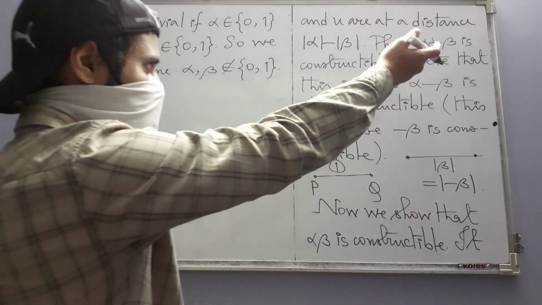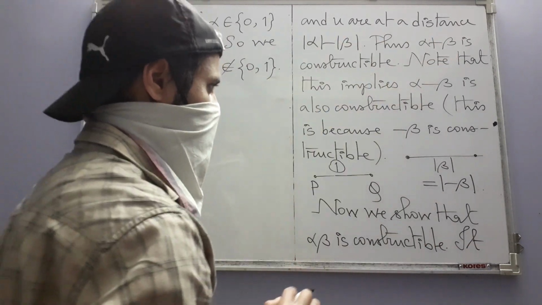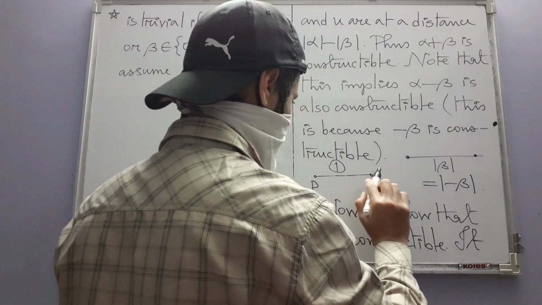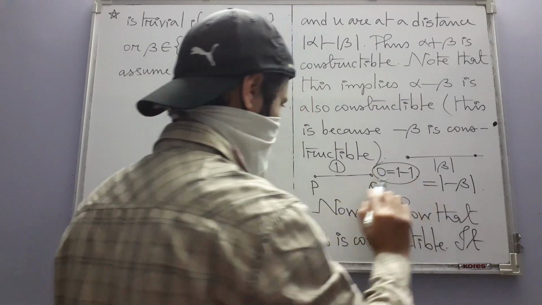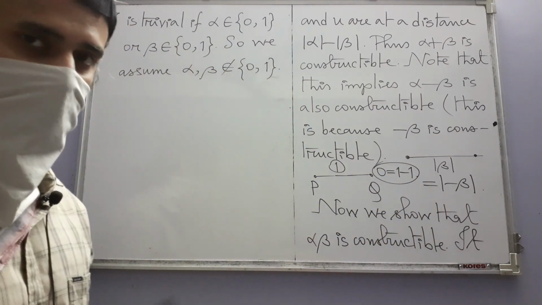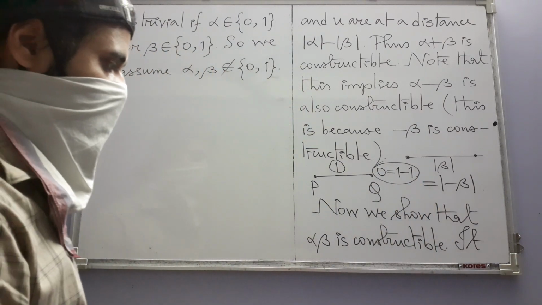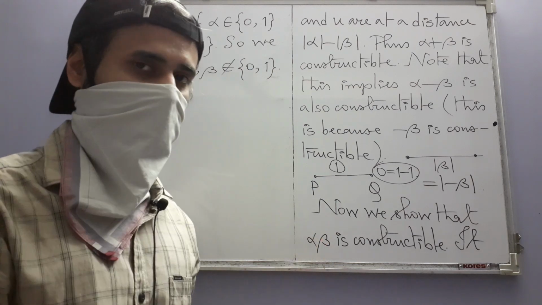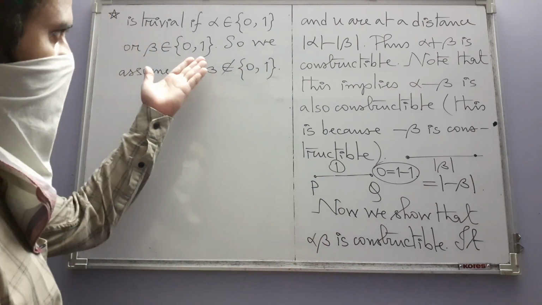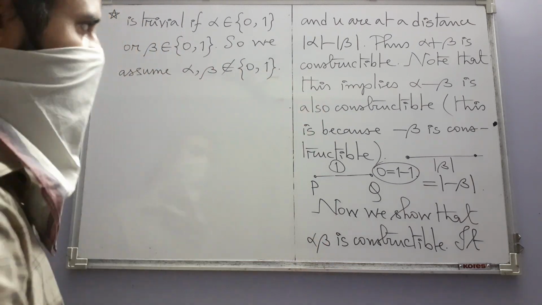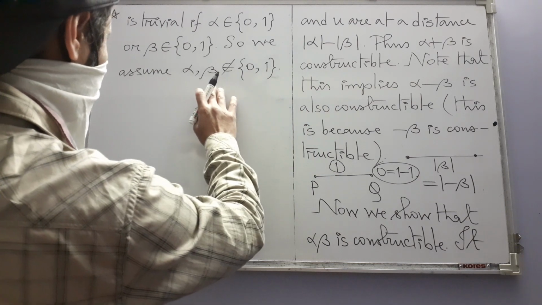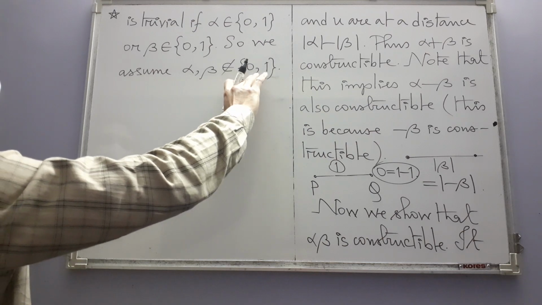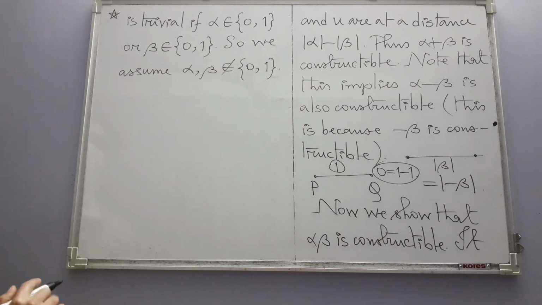So by what we have proved just now, 0, which is 1 minus 1, also has to be constructible. So that's how 0 is constructible. So you do not need to consider that case. I mean, we have considered it, and in that case it's trivially true. So now our alpha and beta are both neither 0 nor 1.